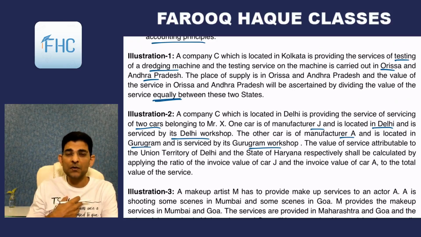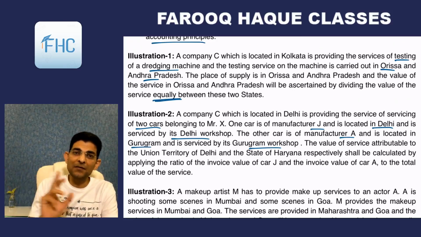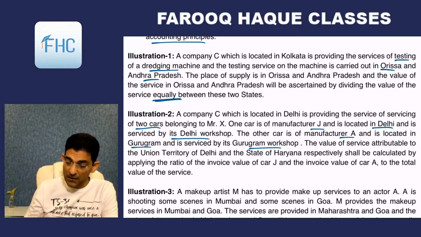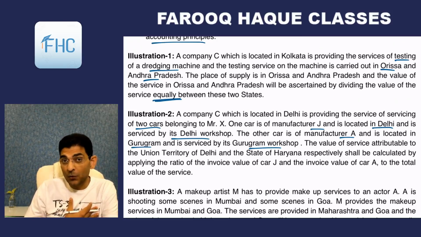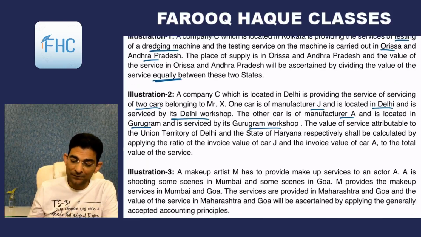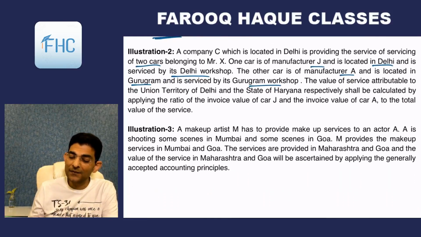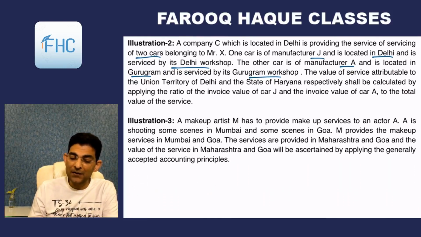Means I have got two workshops. One car is repaired in Delhi, one car is repaired in Gurugram, and I am charging a consolidated fee for the same. So we'll see the value of these two cars and divide the value accordingly. Simple. That is given there: applying the ratio of the invoice value of car J and invoice value of car A.